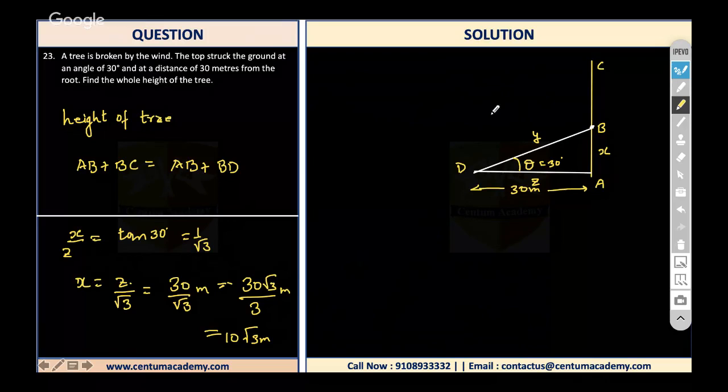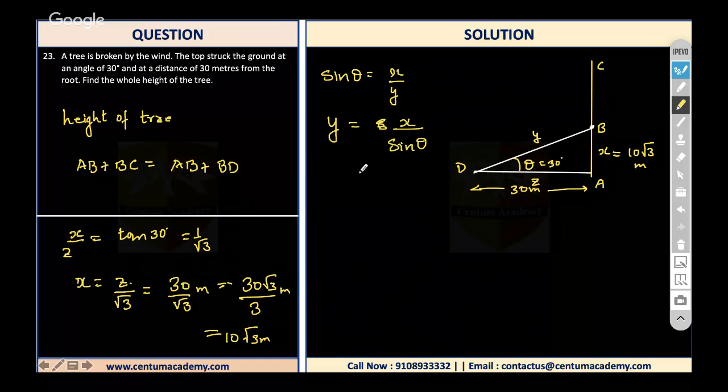Now either you can find Y using the Pythagoras theorem, because X now you know is 10 root 3 meters, or you can use sine theta. Sine theta is X upon Y, opposite by hypotenuse. So Y is equal to X upon sine theta.